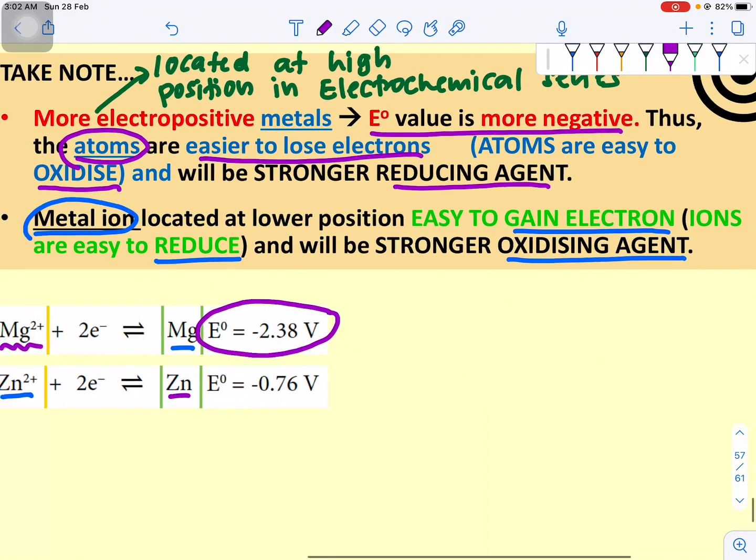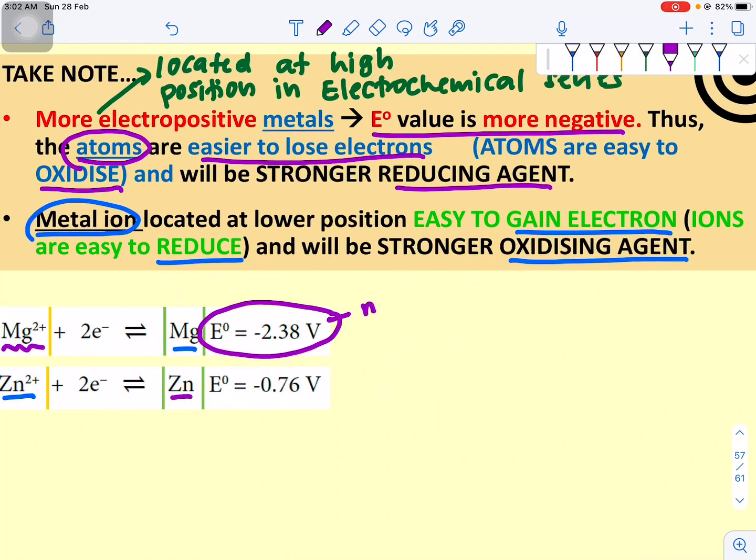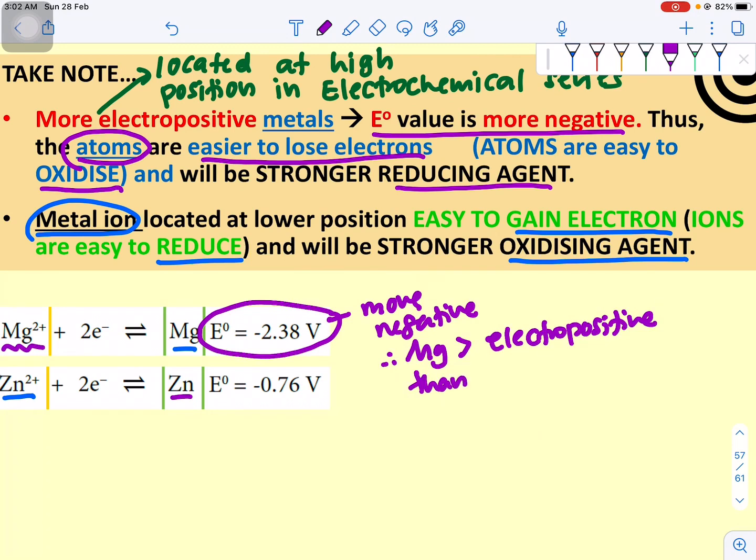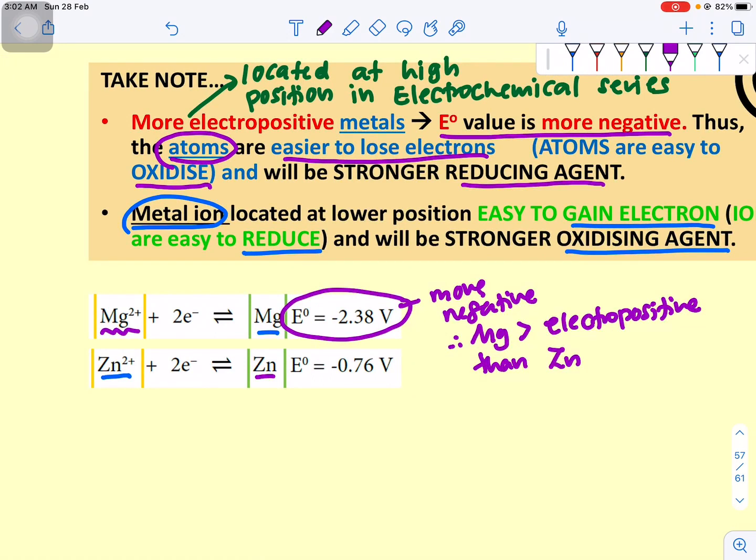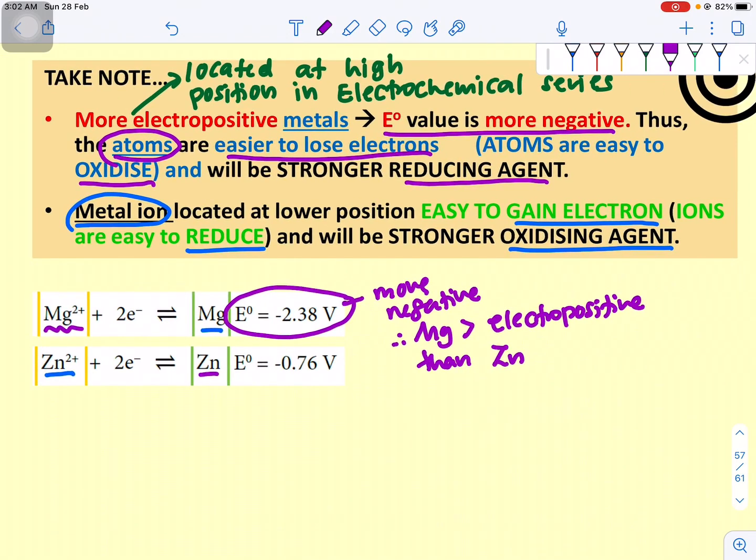So it is more negative, meaning therefore magnesium is more electropositive. Okay, magnesium is more electropositive than zinc, because of the value. So when magnesium is more electropositive, what will happen? Meaning that magnesium atom will more easily release electrons. Okay, more easy to release electrons.